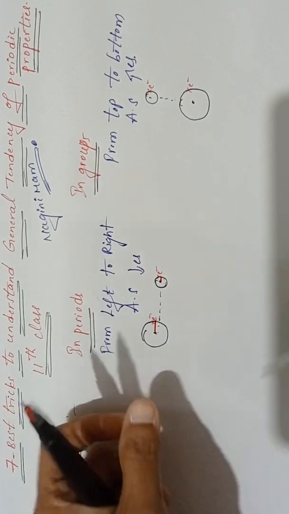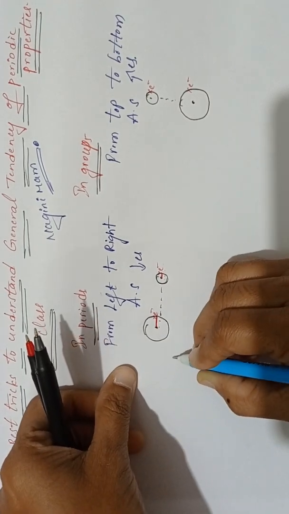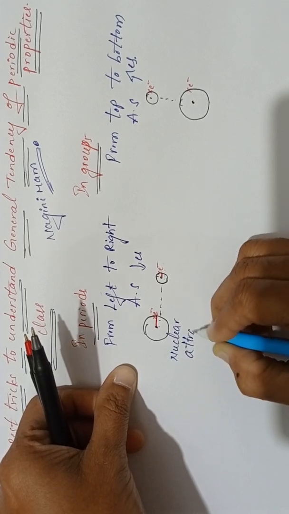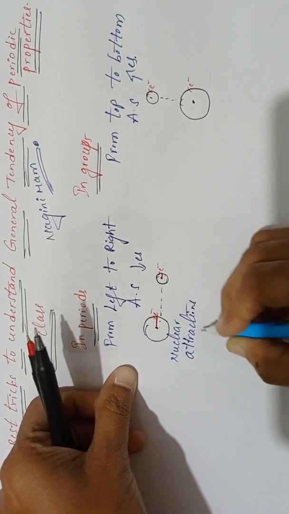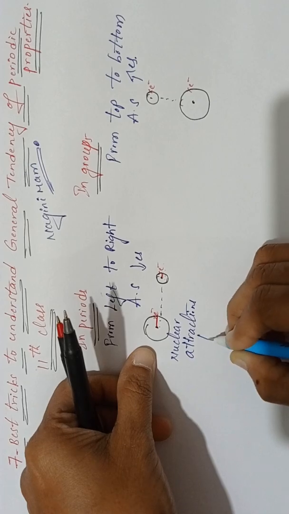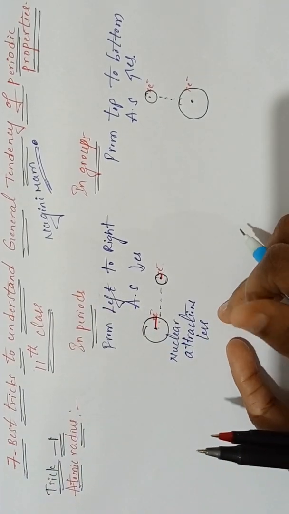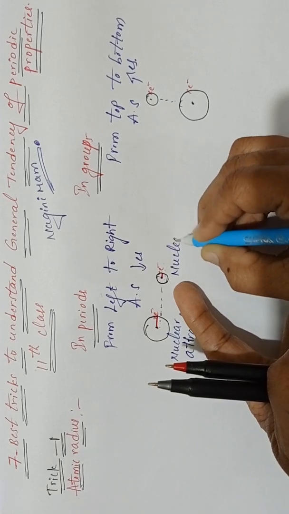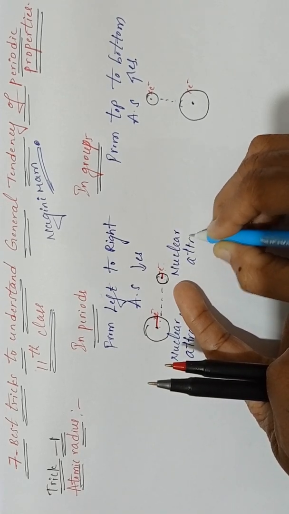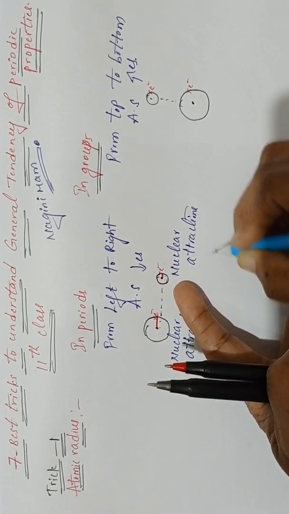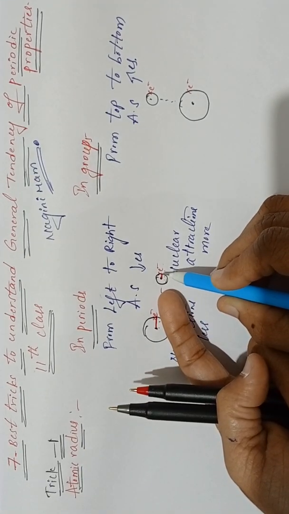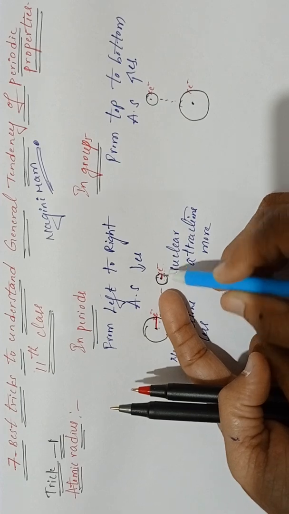So here nuclear attractions are less. In the case of a small size atom, nuclear attractions are more, because the distance between the nucleus and the valence electron is less.